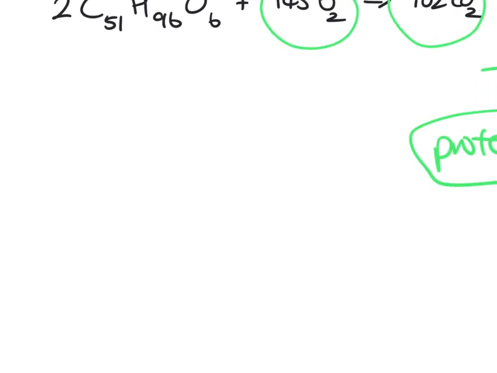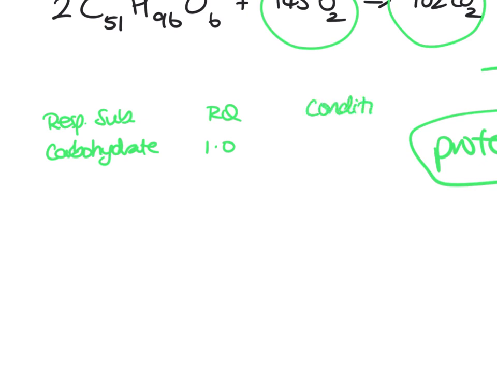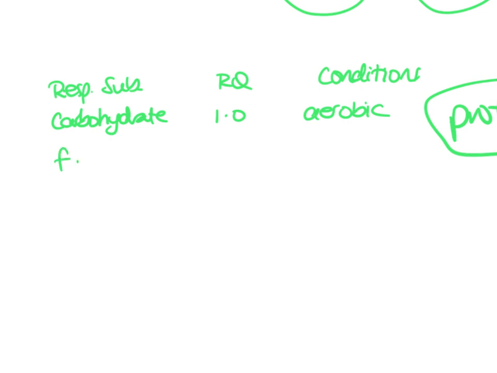And what I want you to do is stick another column, conditions, and you're going to write aerobic. Fat is 0.7, and again, that's aerobic. Protein, 0.9.